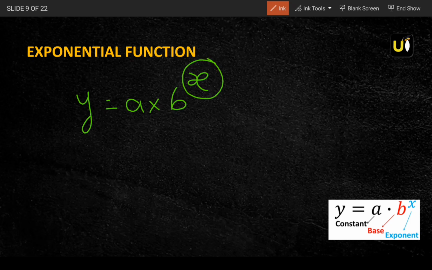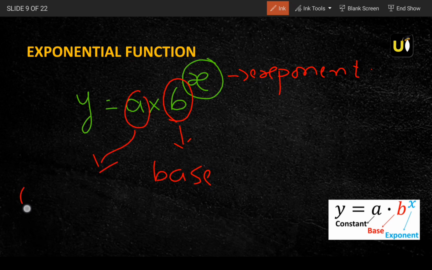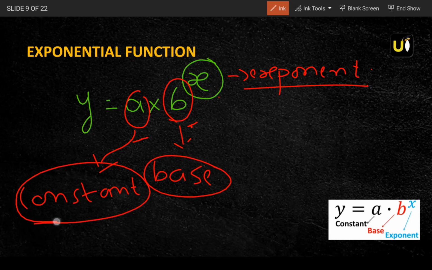This is the exponent, this is the base, and this is some constant. Here we are multiplying this constant with the base. This is exponent, base, and constant. This is how a basic exponential function looks like.